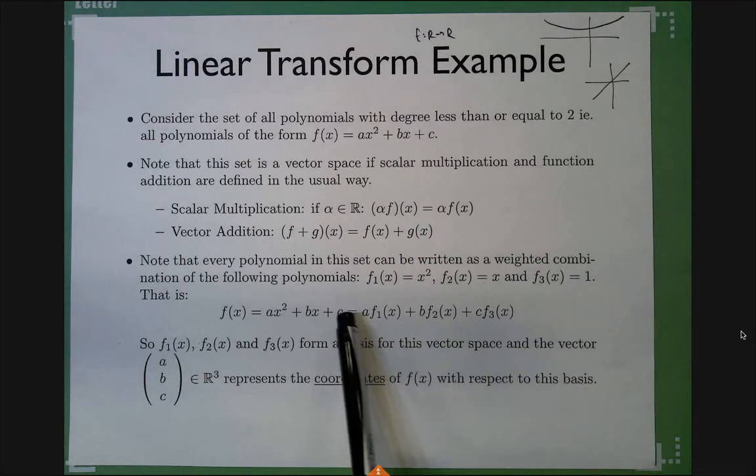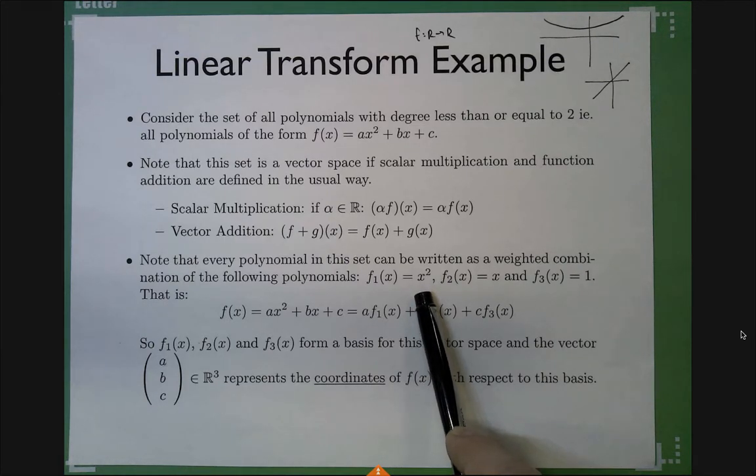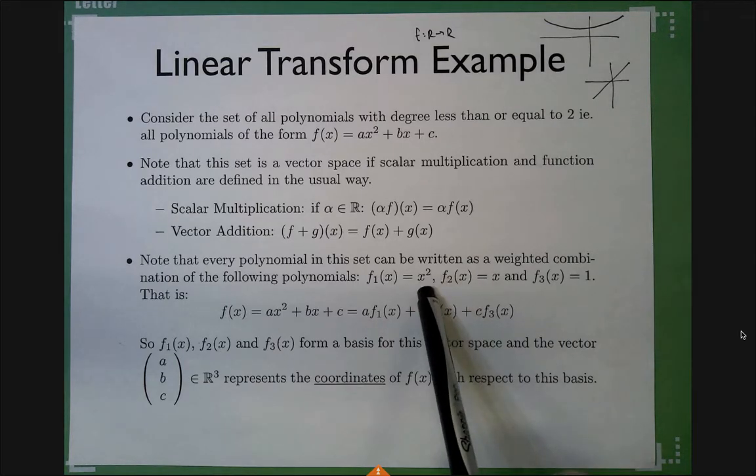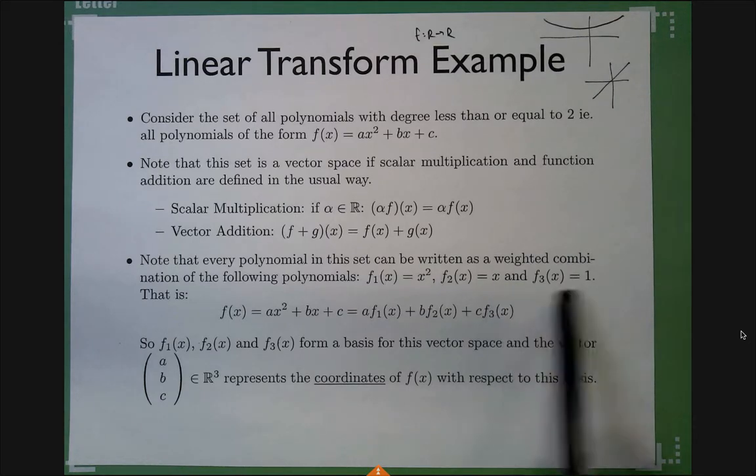Okay. Now, what would be an example of a basis in this vector space? It's a little bit tricky to talk about the standard basis, so let's forget about that notion. Let's just come up with some basis. Here, the natural basis seems to be x squared, x, and 1. So my function f1 would be x squared.